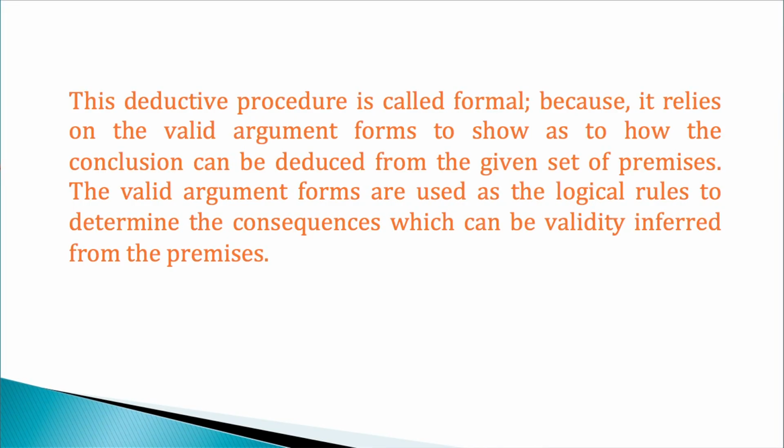Dear learners, this deductive procedure is called formal because it relies on valid argument forms to show how the conclusion can be deduced from the given set of premises. The valid argument forms are used as the logical rules to determine the consequences which can be validly inferred from the premises. Now, dear learners, what is formal proof of validity?